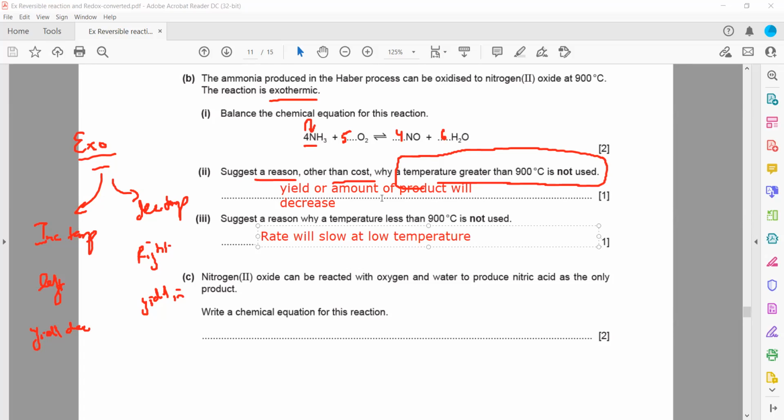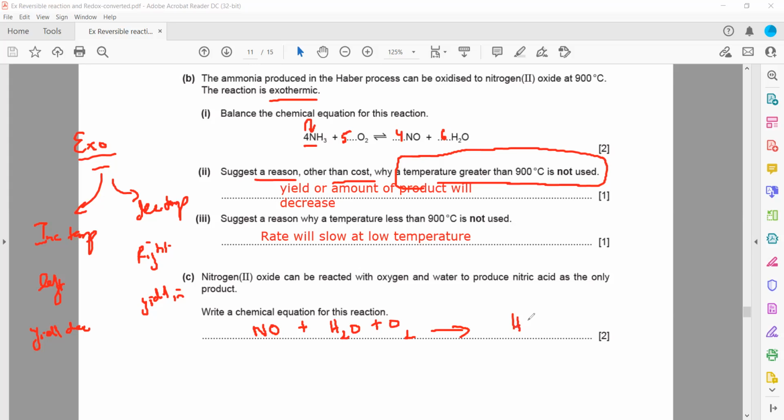Nitrogen dioxide can be reacted with oxygen and water to produce nitric acid as the only product. Write the equation for that. This is the formula for nitrogen dioxide, reacted with oxygen and water to produce nitric acid.